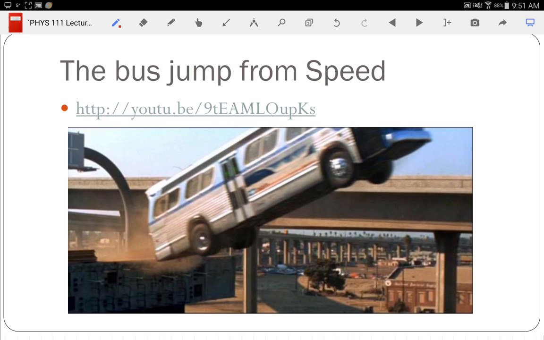So if he leaves the jump at a vertical speed of 3.24 meters per second, how fast will he be traveling when he hits the ground? He'll be at the same elevation, so he'll have a downward speed of 3.24 meters per second.